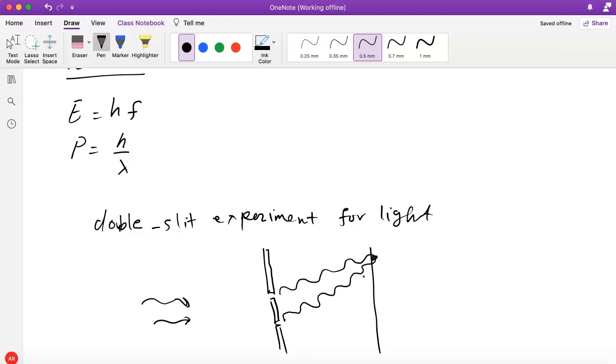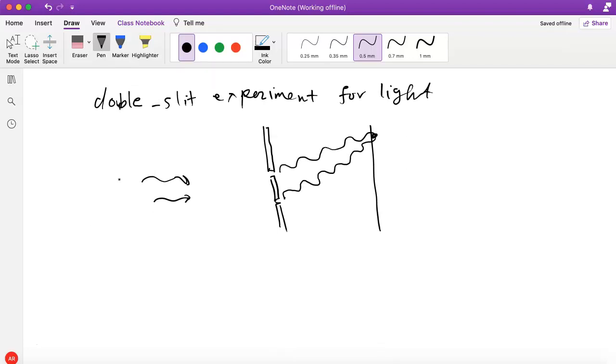We did all of that when we were studying wave optics, and we're familiar with these patterns. There's a bright central fringe, and then other bright fringes and some dark fringes. That's what happens for waves. Light definitely does it. Water waves would do similar things.